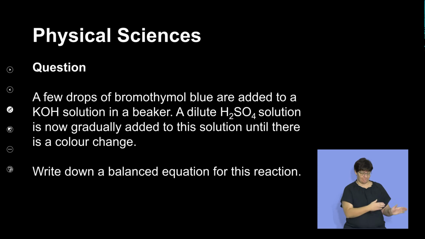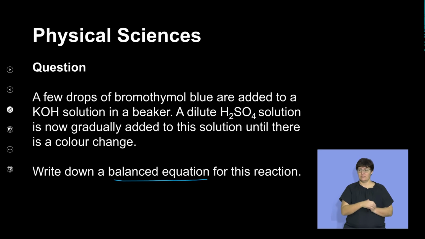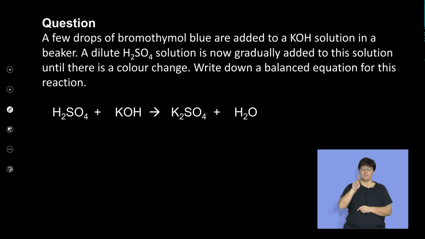Then the question goes on and says, write down a balanced equation for this reaction. So the reaction is between sulfuric acid and potassium hydroxide. So if, for argument's sake, we have appreciated that this is an acid plus base, what does it give us?